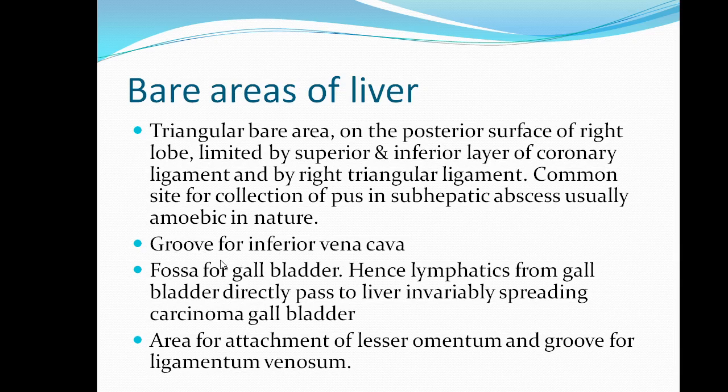Another bare area is the groove for the inferior vena cava, where the inferior vena cava lodges. Then the fossa for the gallbladder. The gallbladder lies in the fossa for the gallbladder in the right lobe of the liver and is separated only by loose connective tissue, and hence lymphatics from the gallbladder directly pass to the liver, spreading the carcinoma of the gallbladder.